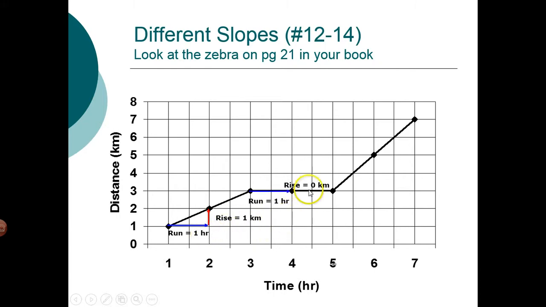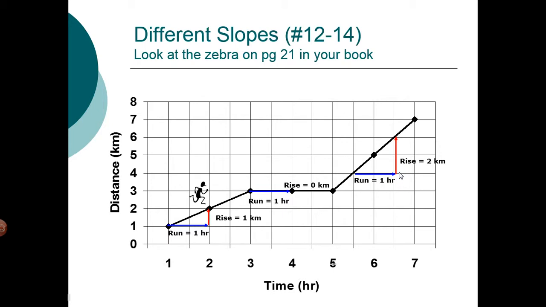In this spot, notice that the distance stays at 3 kilometers for the entire time, divided by 1 hour. Or, at this slope, the rise is 2 kilometers. It goes from 4 to 6, so that's a rise of 2 kilometers, divided by the time of 1 hour.